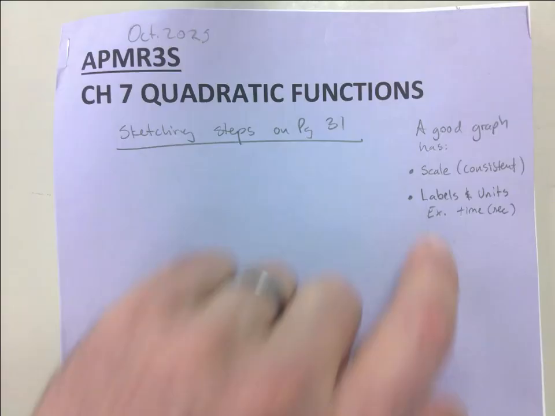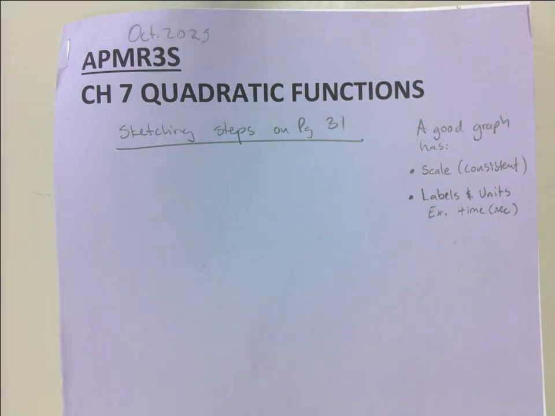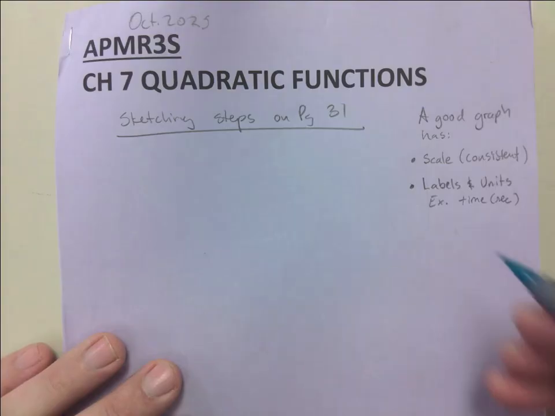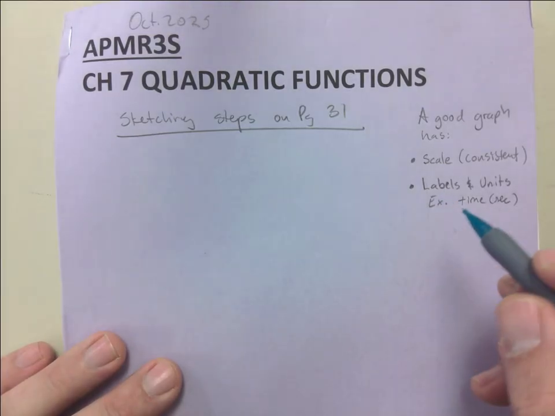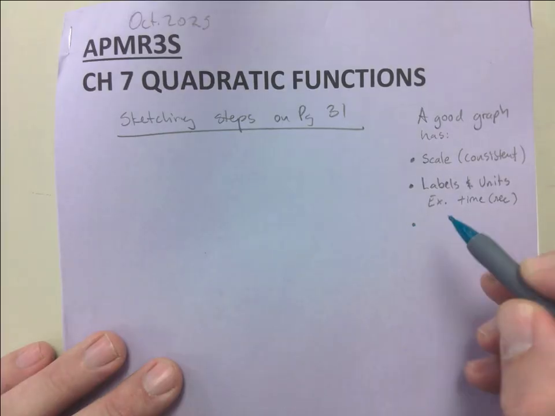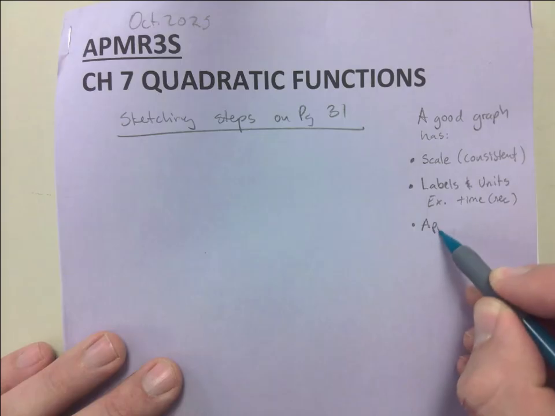So down the road, X and Y axis is not just going to be X and Y, it's going to be time versus height, right? Or you're going to compare different variables. Money over time. Things like that. Labels, scale labels, and appropriate shape.